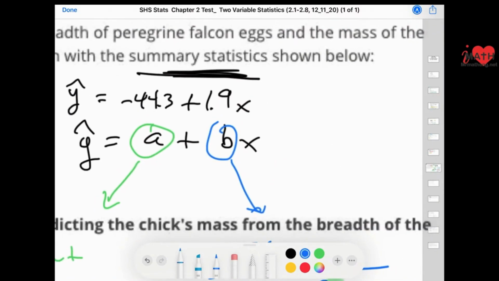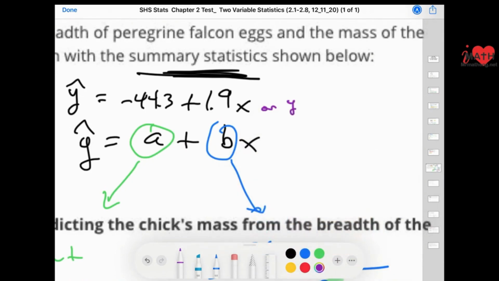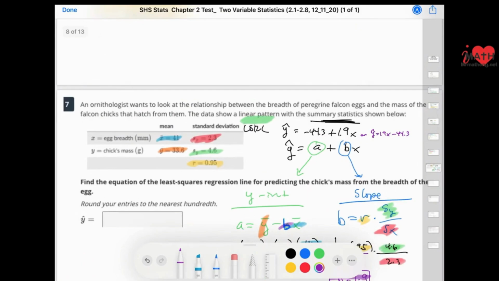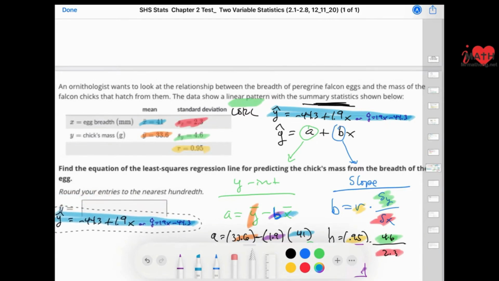Or if you just change it around, you can have 1.9x minus 44.3. Okay, so let me just highlight that. Any of those values could be your answer. Now it told me to round my entries to the nearest 10th, but either would work.